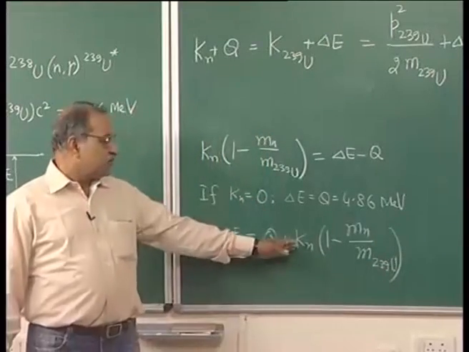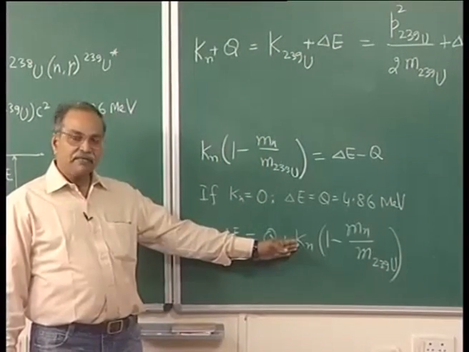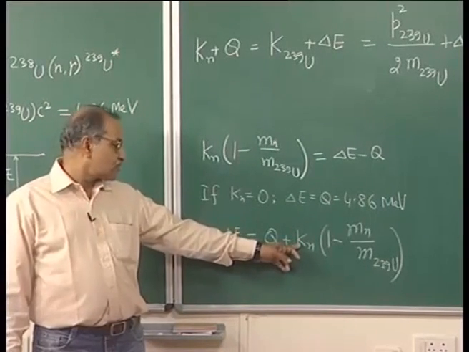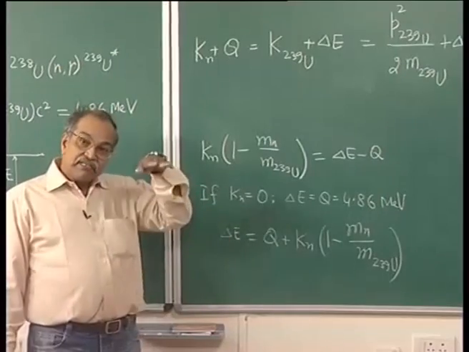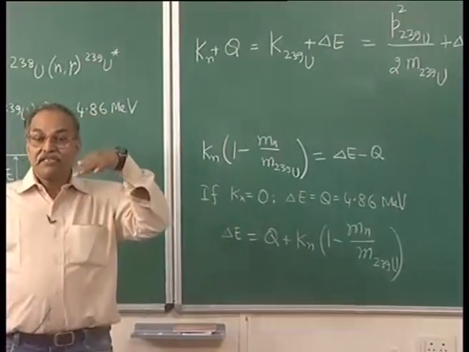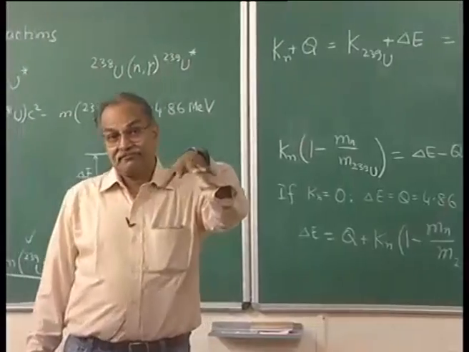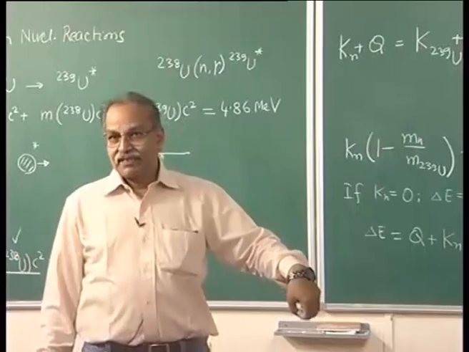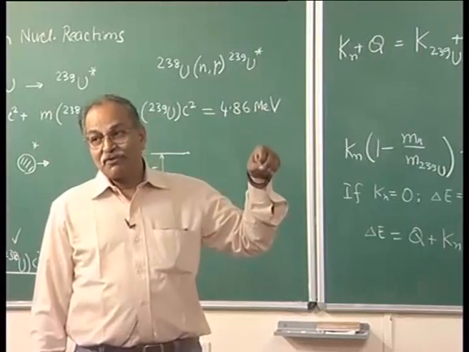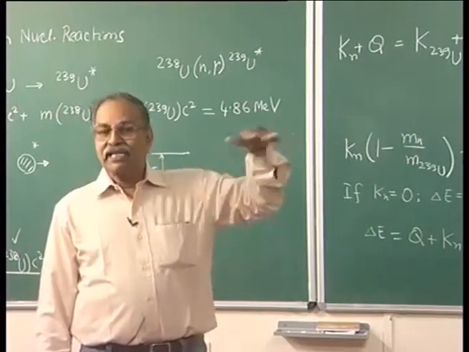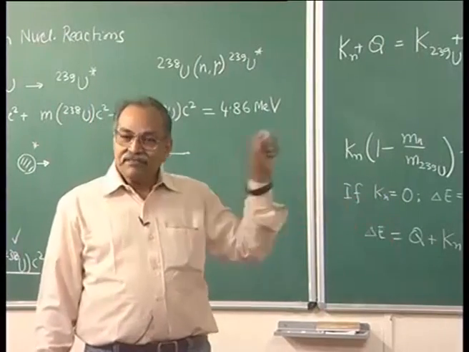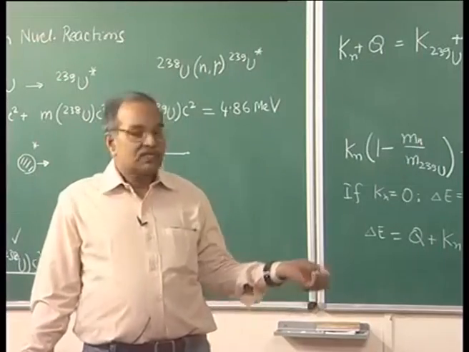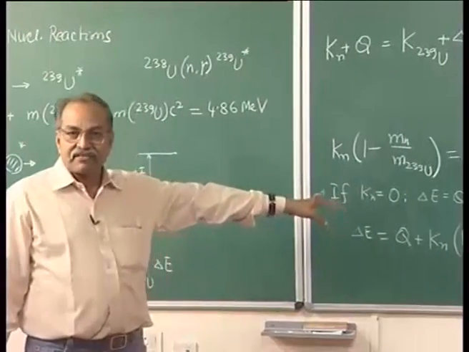Depending on what kind of K_n I am applying, what kind of kinetic energy I am giving to the incident neutron, that particular level is to be populated. If there is a level there, then it is perfect, and this neutron will get absorbed there. The probability of its getting absorbed there will be high, and if there is not a level at that particular delta E, then this reaction will have low probability, because all these energetics have to be satisfied.